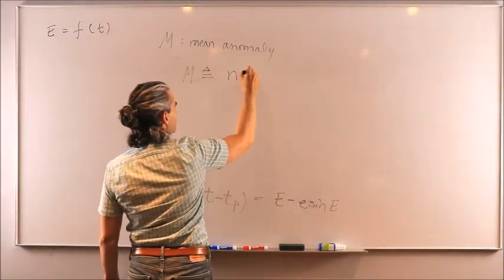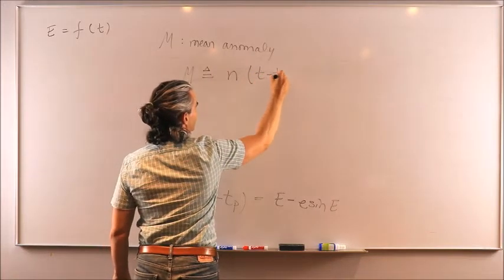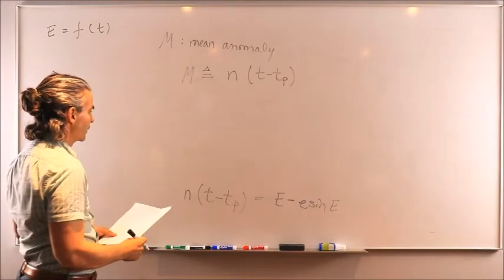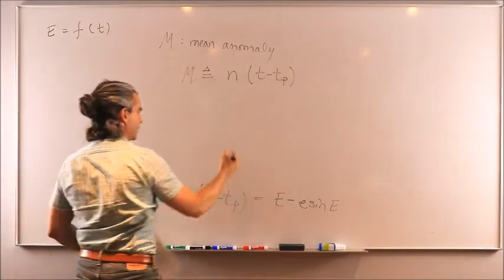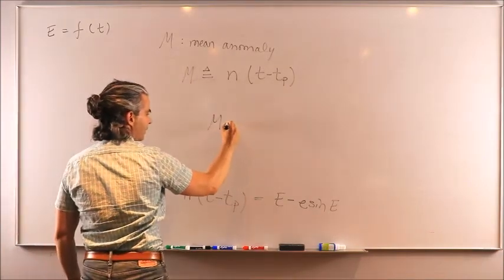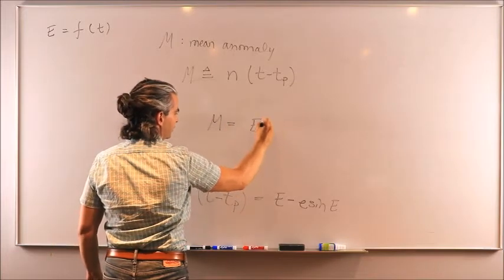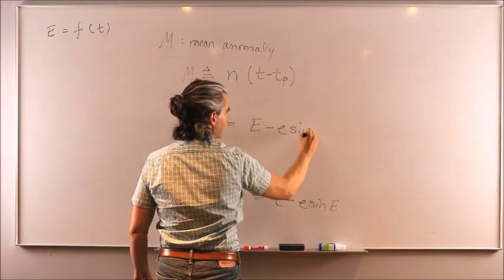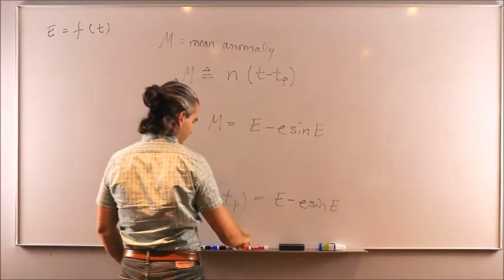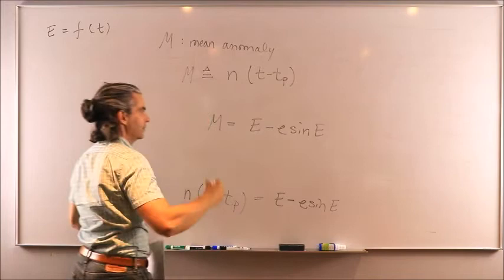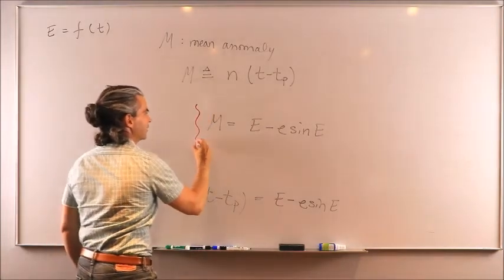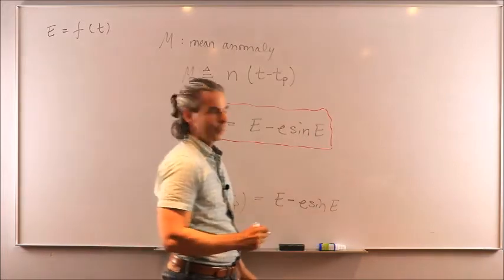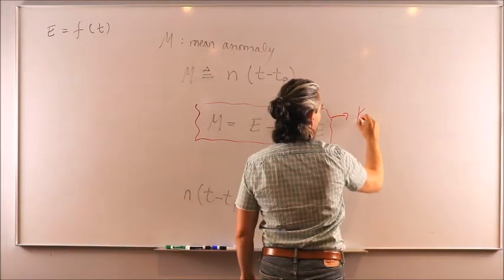So equal to the mean motion times the time since perigee passage. With that new definition, this equation becomes M equal eccentric anomaly minus eccentricity times sine eccentric anomaly. And ladies and gentlemen, this very simple, elegant equation is Kepler's time equation. Yeah, we did it.